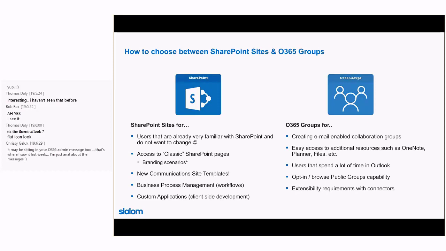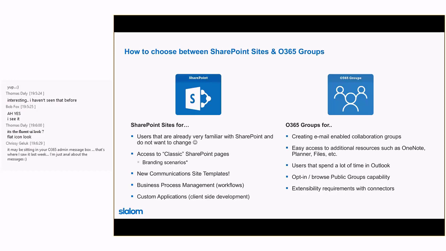Okay, so this is how to choose between SharePoint sites and O365 groups. I laugh that sometimes people that are very familiar with SharePoint don't want to change. Give them a SharePoint site. They know how to use that. That'll work. I try to add a little humor, but it doesn't come across when I'm doing a remote video presentation.